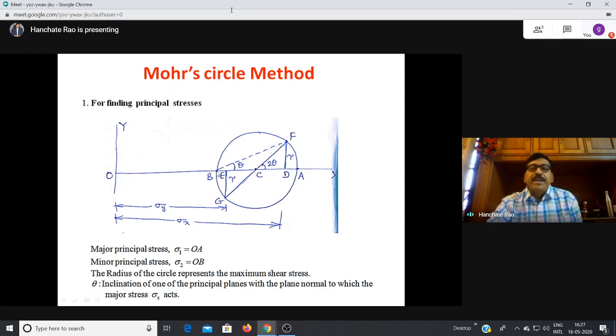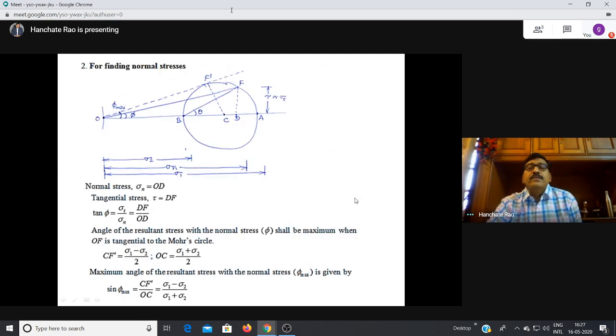Similarly, point B is also on the x-axis. So there is no tangential stress, it is 0, because it is on the x-axis, there is no y coordinate, no shear coordinate. So that is why points A and B represent the principal stresses. OA is equal to sigma 1, the major principal stress. OB is equal to sigma 2, the minor principal stress.